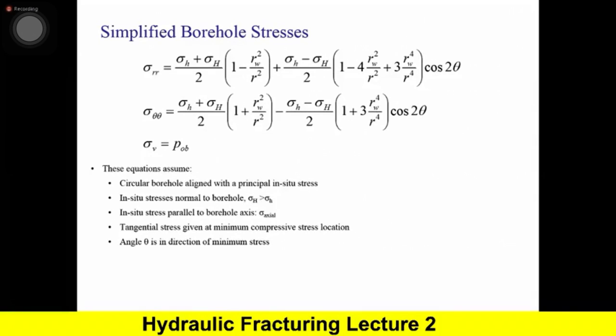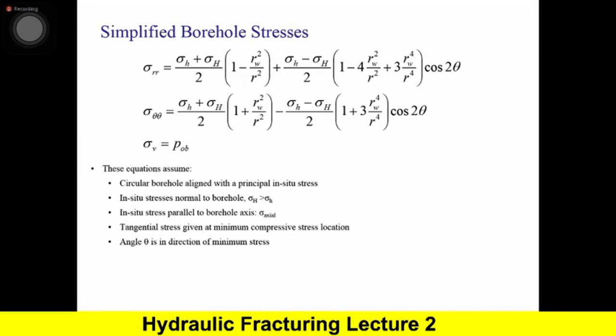I'm going to open parentheses, 2 sigma H minus 2 sigma H max times cosine 2 theta. If I'm at 0, cosine 0 is 1. So when I put this all together, it ends up being 3 sigma H max minus sigma H min, right?